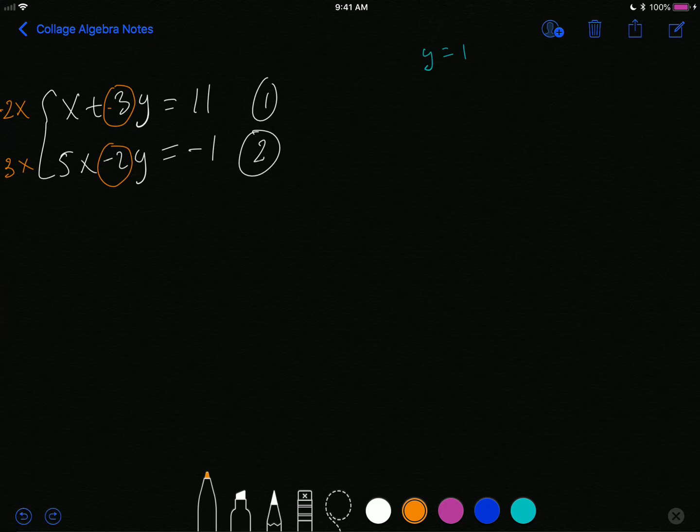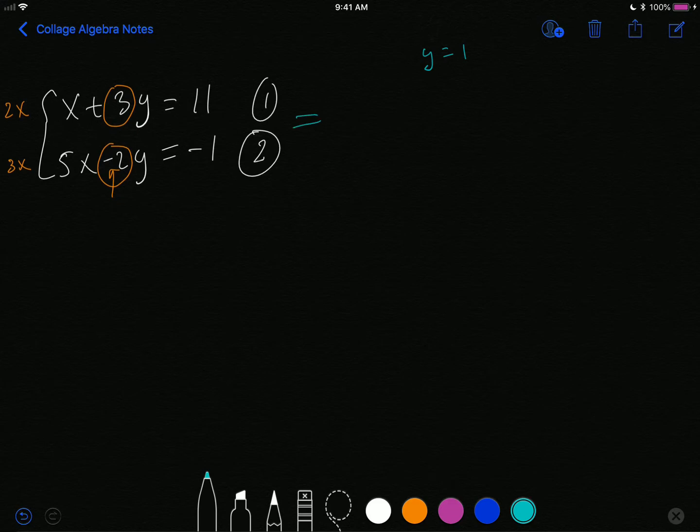Remember, I need only one of them being negative, and since this one is already negative, I can just multiply this one by 2 and multiply this one by 3.